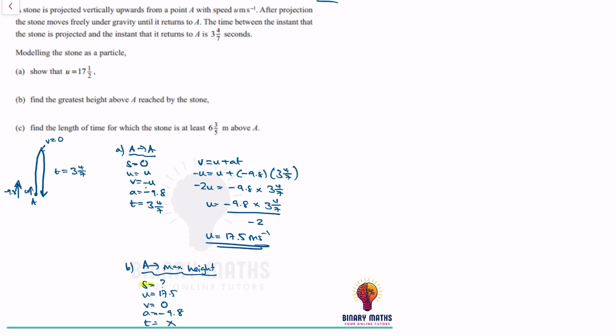So we've got S, U, V, and A. So v squared is equal to u squared plus 2as. 0 squared is equal to 17.5 squared plus 2 times minus 9.8 times s. So s will be equal to negative 17.5 squared over 2 times minus 9.8, which, if we put this into a calculator, we end up getting 15.625 meters.